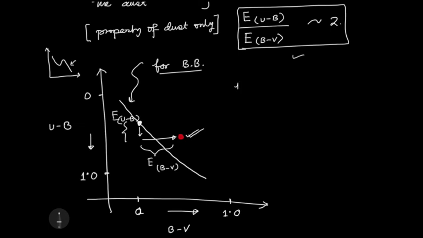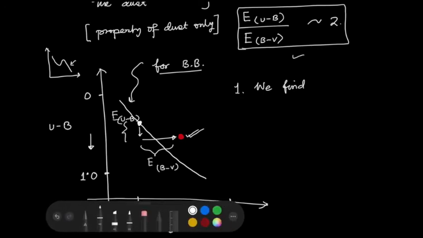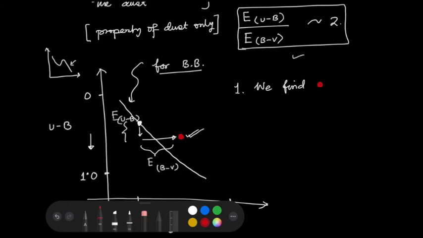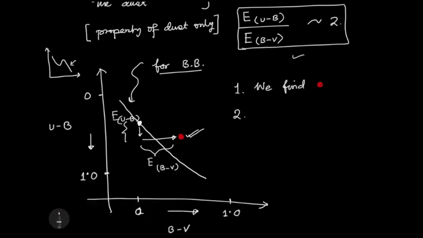You find the star here. What do you do now? We find the star at this point. Now I have to correct for the dust.